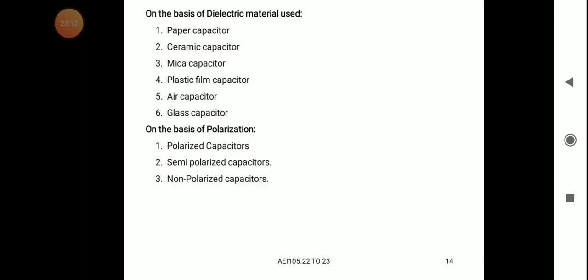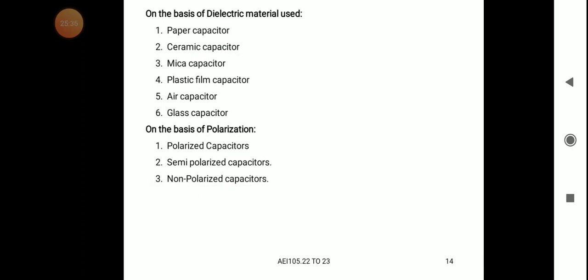On the basis of polarization we have polarized capacitors, semi-polarized capacitors, and non-polarized capacitors.